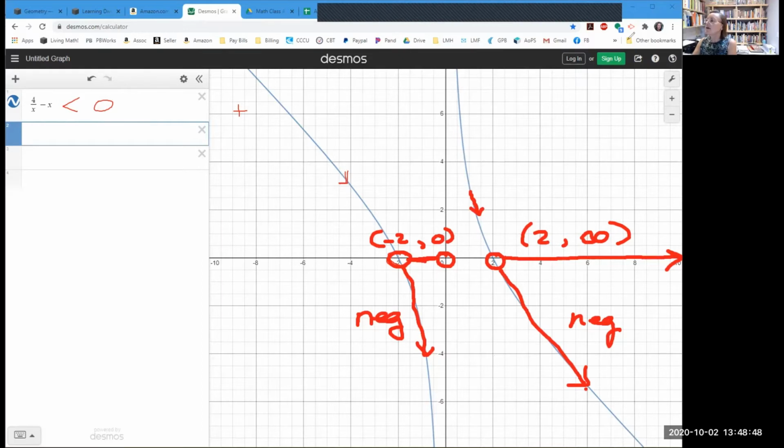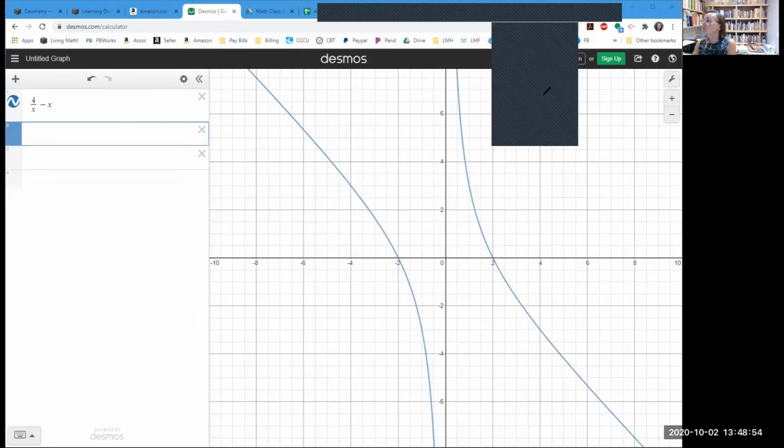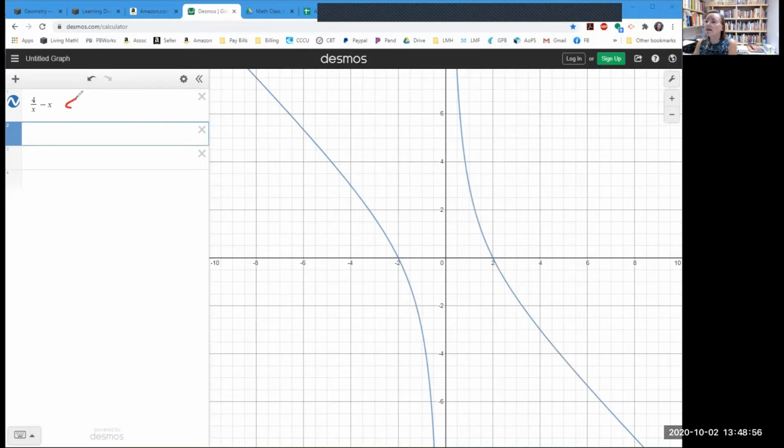So let's see what that looks like in a sign chart. Here we said we wanted less than 0. We want the negative values. In order to get, and we're using 0 for these critical values, I need to get one rational expression, a numerator and a denominator only.